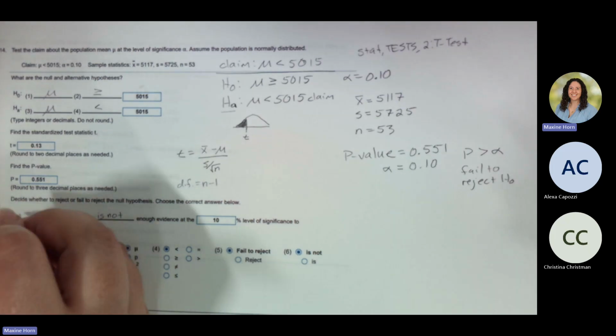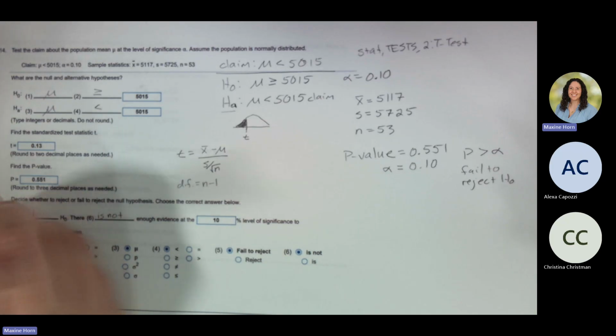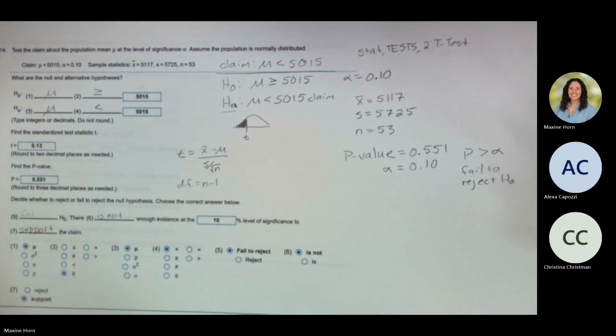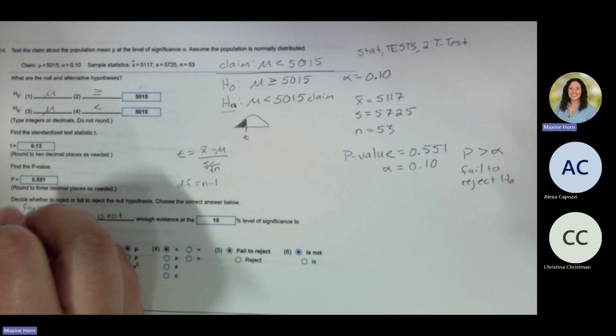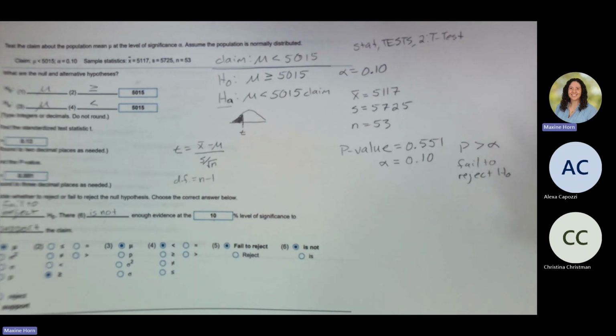We fail to, I did not leave enough room there. Fail to reject the null hypothesis. And there's not enough evidence at this particular level of significance, which is 10%, to support the claim. Not enough evidence to support the claim. All right.